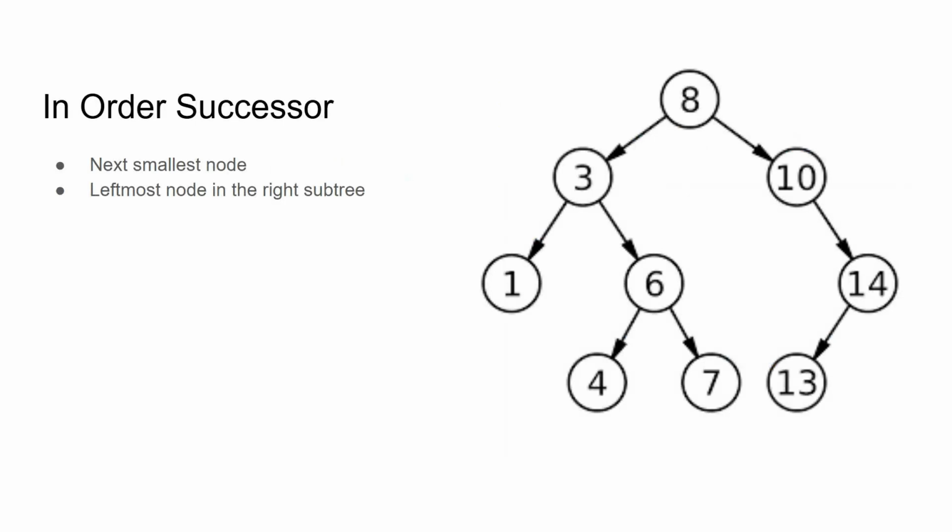So if I was deleting the node 3, which has children 1 and 6, I'm going to find its in-order successor, which is the leftmost node in the right subtree. And what we do is we traverse to 6 and go all the way left until we hit a leaf. So in this case, it's very simple. We end up here pretty quickly. We just get 4 is our in-order successor.